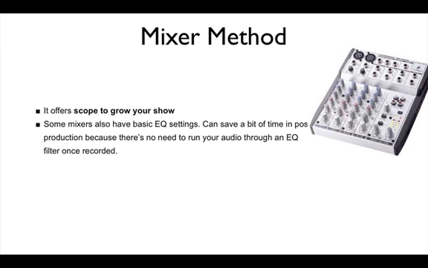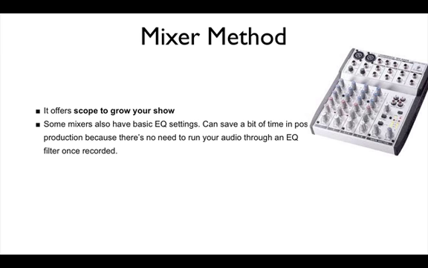So some mixers have basic EQ settings like the one that we're actually looking at here. So you can adjust the bass on that. If you want to increase the bass, you just turn up the knob. You want to turn it down, you just turn it the other way. Now, what this means is it can save a bit of time in post-production. Post-production is after we've recorded our podcast.